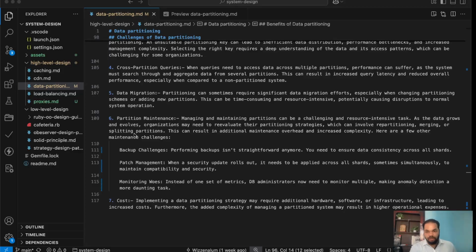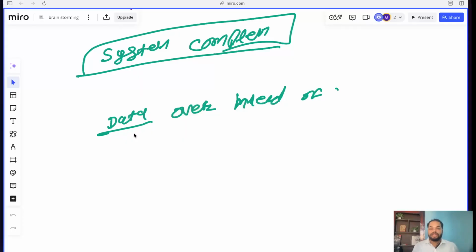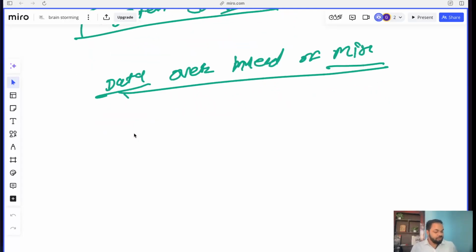Whenever you are creating partitions, it will create an overhead of migrating data. Okay, so that is a big problem, because you will be migrating all the data into small partitions, and that is not going to be that easy. So that is a big issue with it.